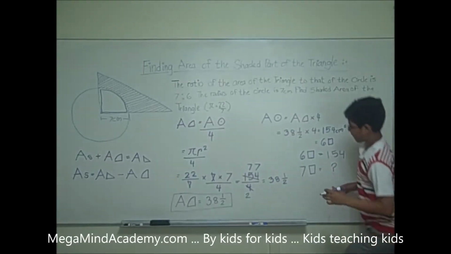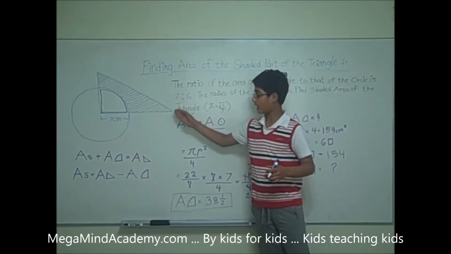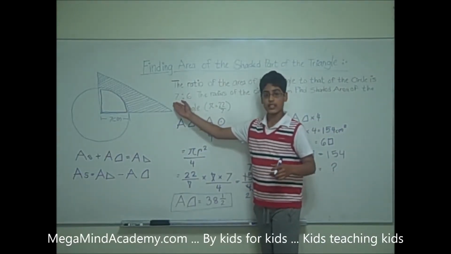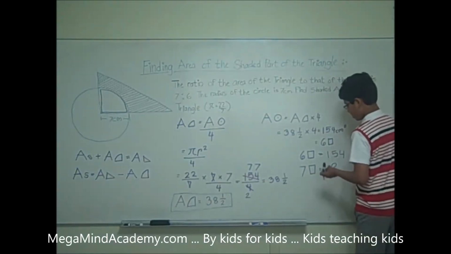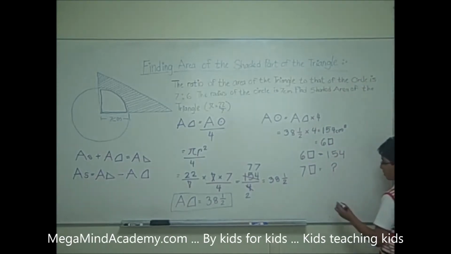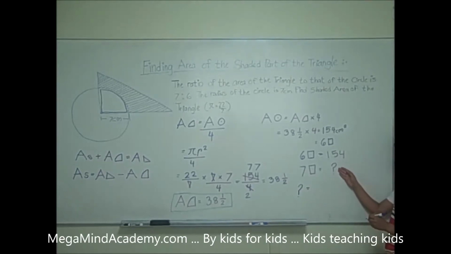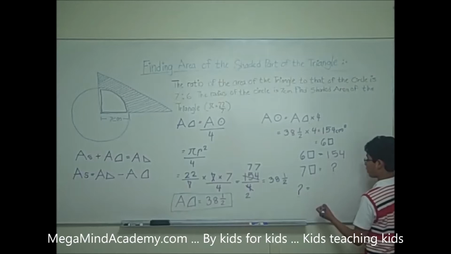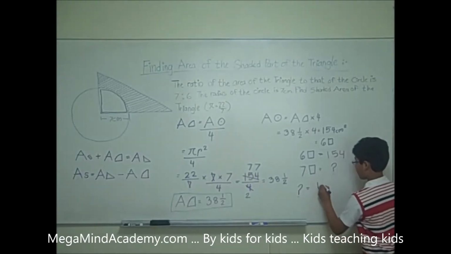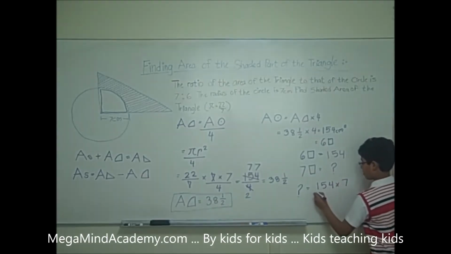Because we are trying to find out how much the area of the triangle is, and the triangle is equal to 7 units. So, question mark is equal to 154 times 7 divided by 6.